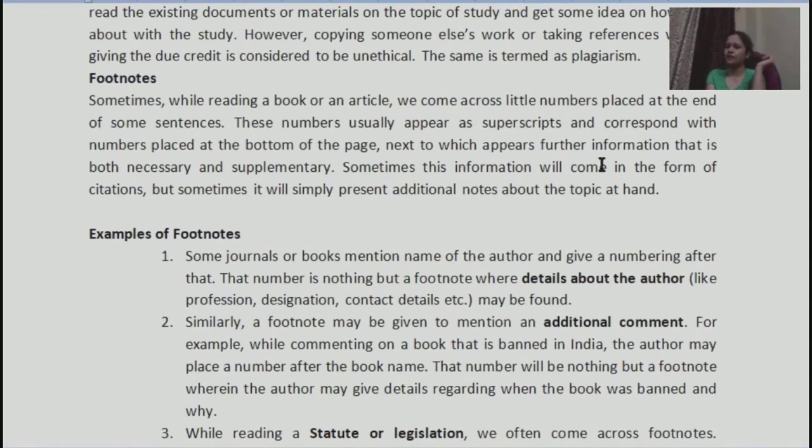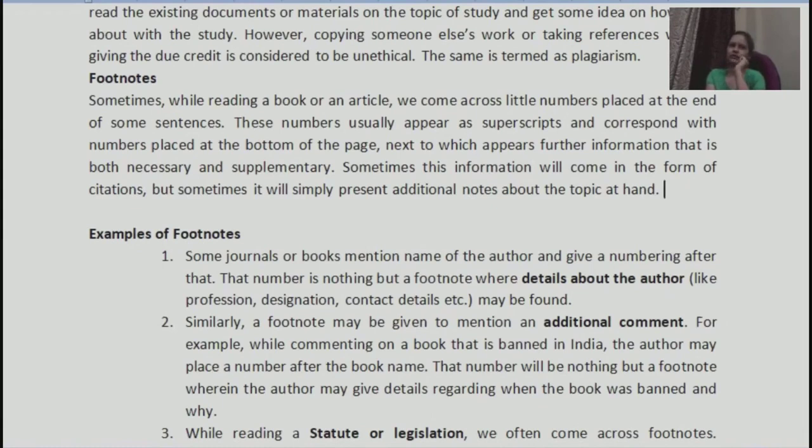Sometimes this information will come in the form of citations, but sometimes it will simply present additional notes about the topic at hand. So sometimes what we do is citation. That means we refer that this particular paragraph we are taking from this book of another person, right?